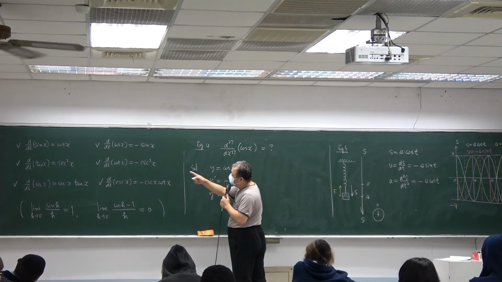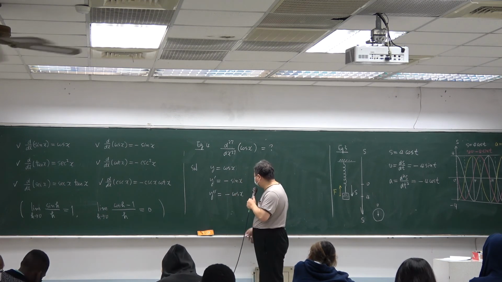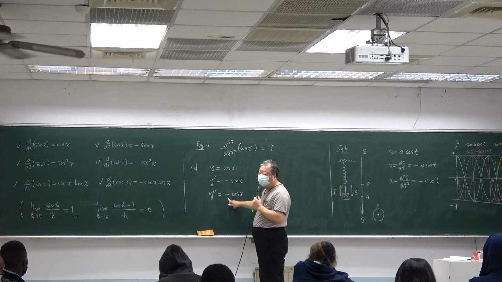The derivative of sine is cosine, so we also have a minus sign here.